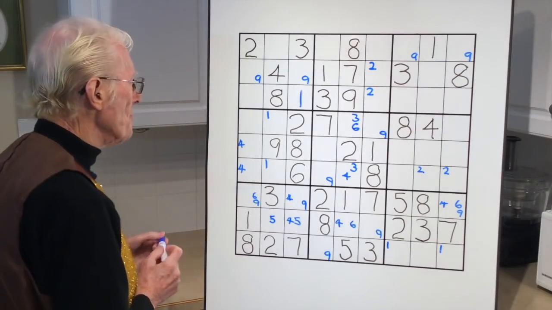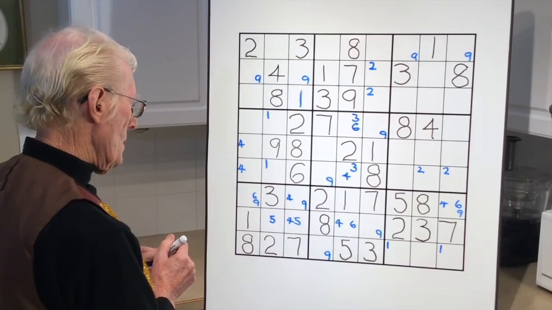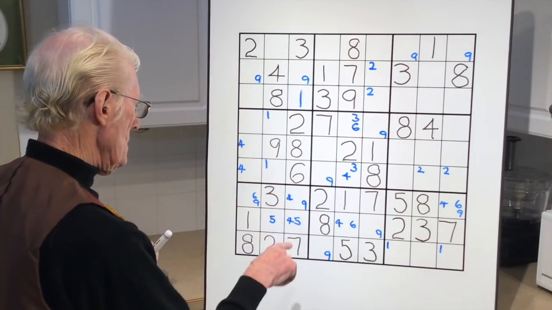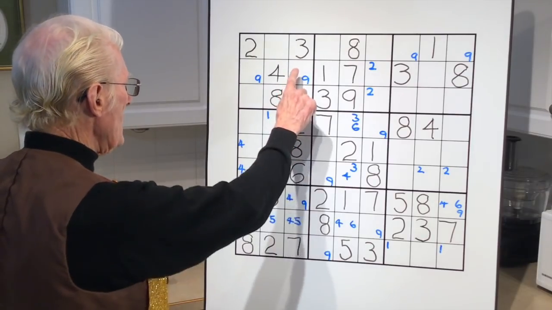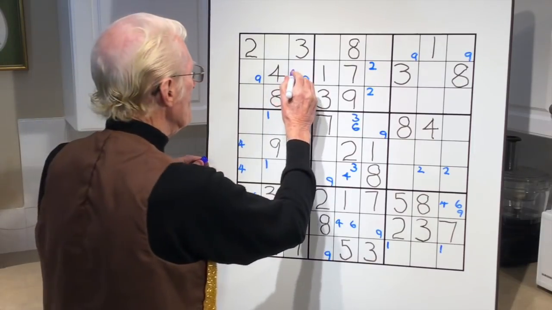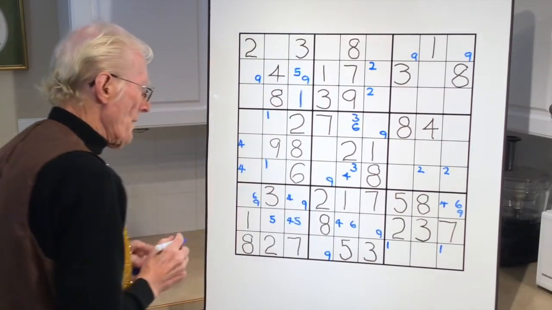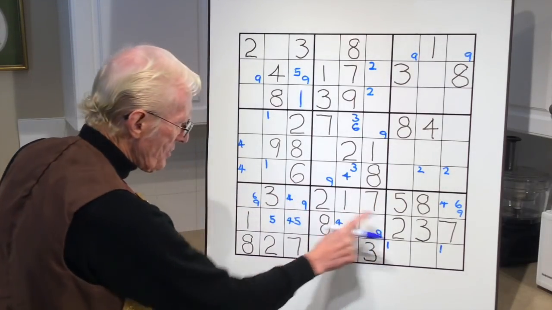Okay, any other places where there's only 3? Okay, 1, 2, then 1, 2, 3. Okay, here we have 1, 2, 3 there. 4, 5, 9. Here we have a 4, so this would be a 5, 9. Okay, now here's a block that's only got 3 left.